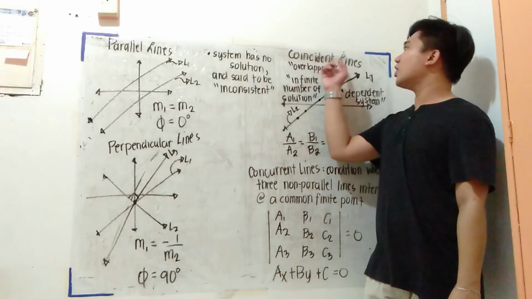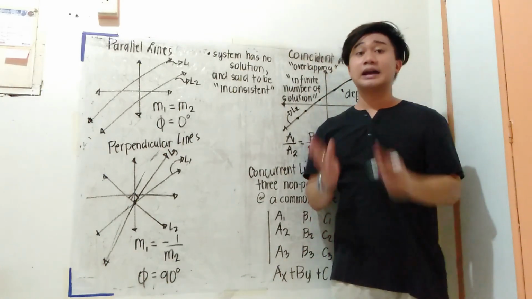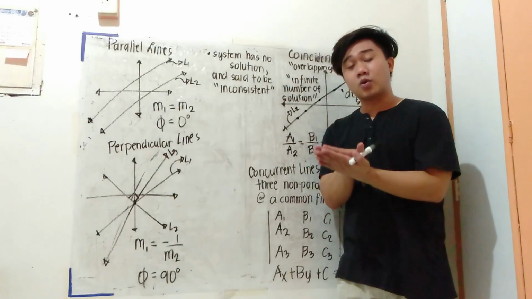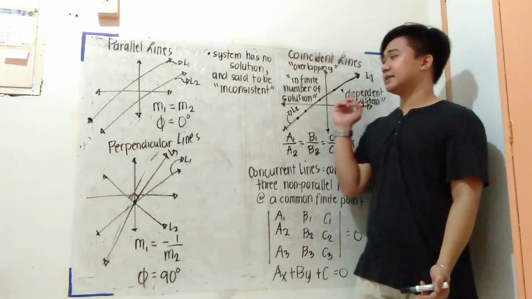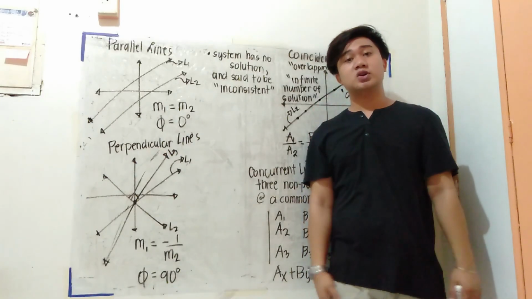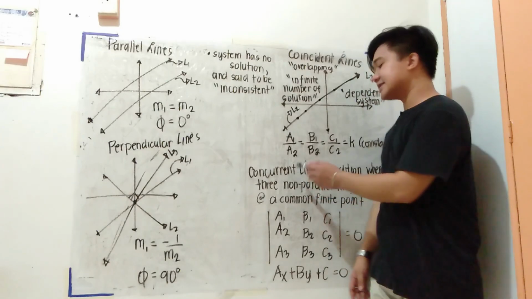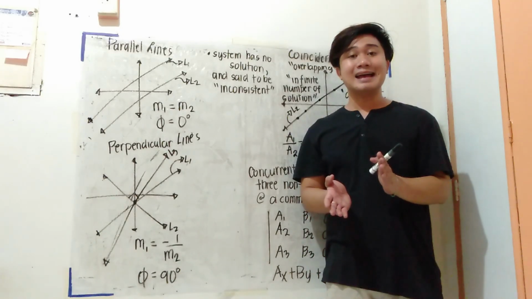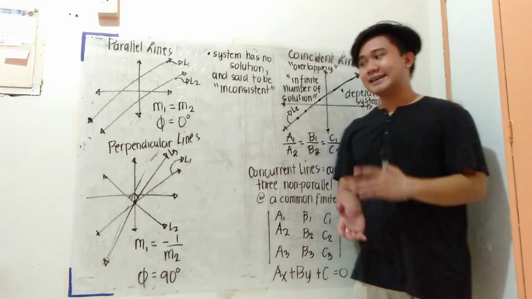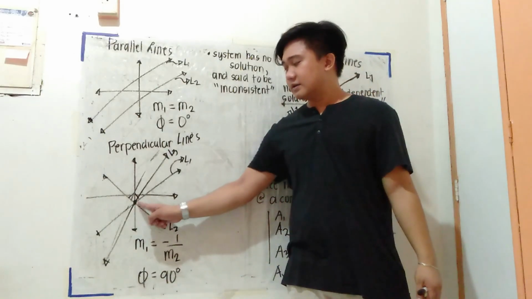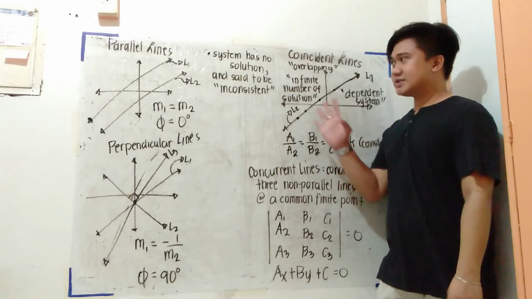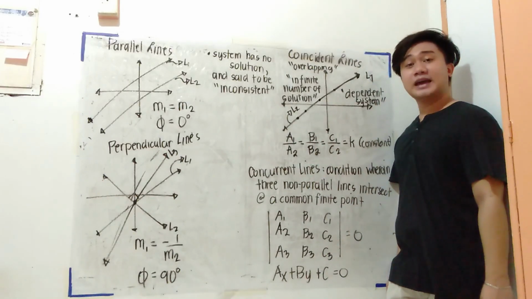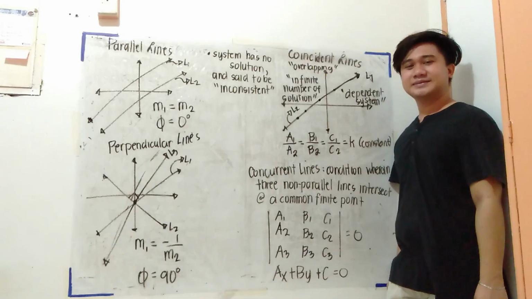Next, when we say coincident lines, ito yung mga linyang nagpapatong or nag-overlap at ang napoproduce niyang system ay dependent at meron siyang infinite number of solutions. Concurrent lines, ito naman po yung tatlong linya na hindi parallel at nagkikita sa iisang common at finite point. Okay? So, those are the ideas about different types of lines. So, please copy.